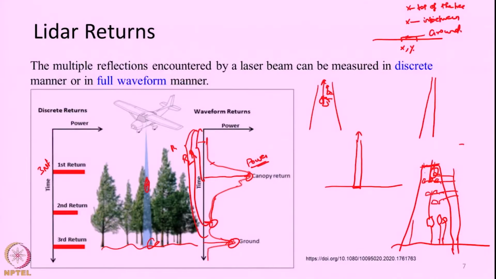So, a full waveform LIDAR may produce a more or less continuous representation of the signal that is coming back, like the entire waveform that got reflected can be stored in the LIDAR system. So, LIDAR systems can be discrete or full waveform.